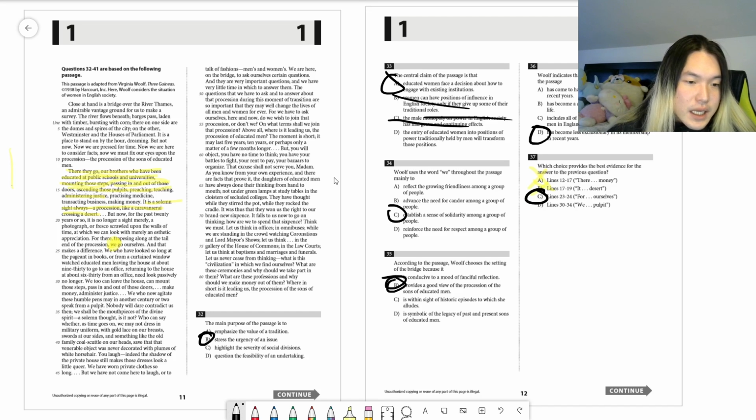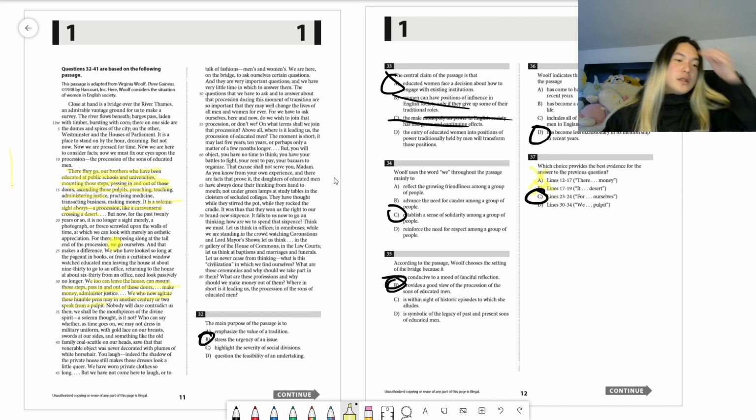Let's take a look at D, for the first time. 30 to 34: "we too can leave the house, can mount those steps, pass in and out of those doors, make money, administer justice. We who now agitate these humble pens may in another century or two speak from a pulpit." So this one's pretty good too.